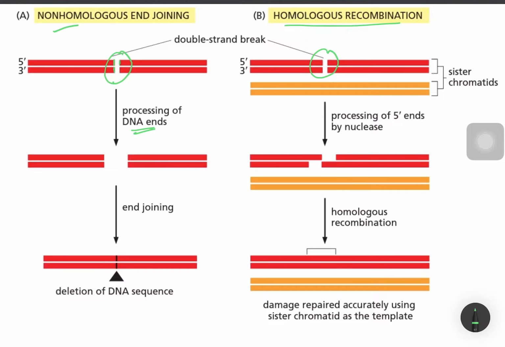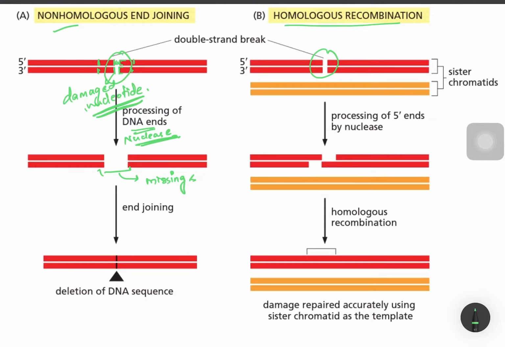The ends which have been broken cannot ligate as they are, because there will be some damaged nucleotides, so those nucleotides cannot bind to each other. So what the enzyme nuclease will do is further cut some of the sequence.